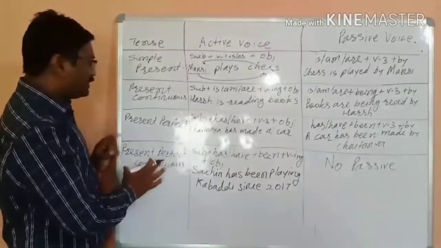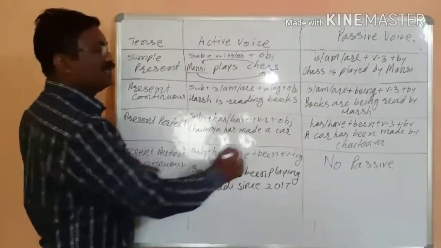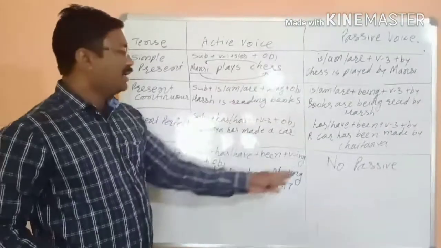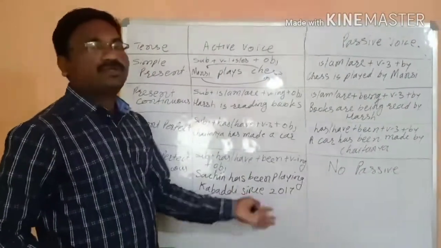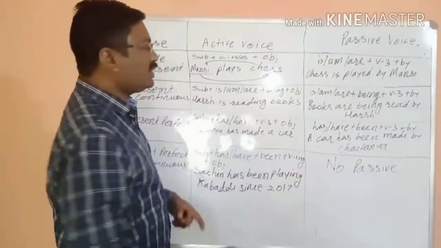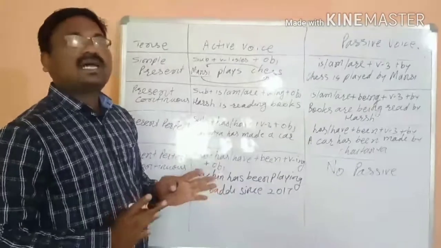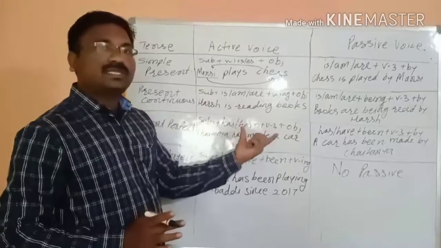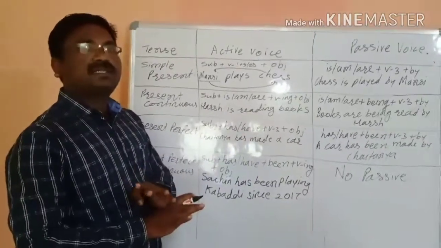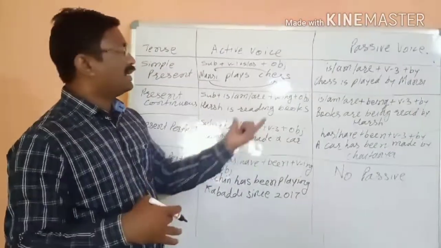So after present perfect continuous tense, any other tense is also not there to take any auxiliary verb, and we can't change them into passive voice. So all perfect tenses as well as here simple future continuous tense also we can't change into a passive voice.